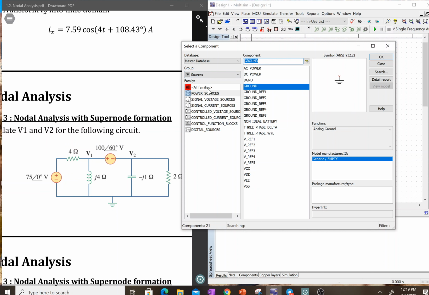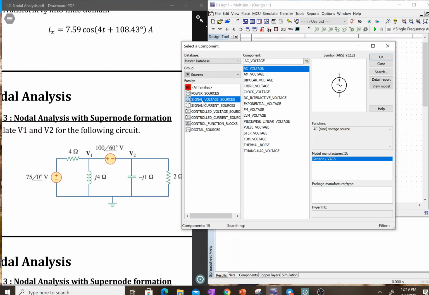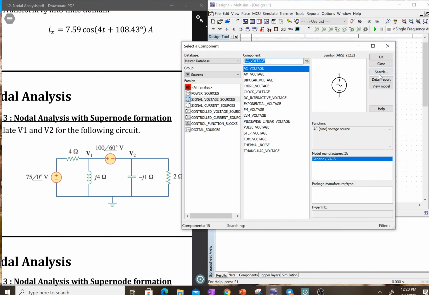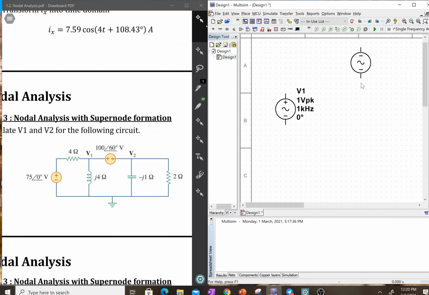Okay, and then under this you can choose the power signal voltage source. Okay, and then select AC voltage component. Okay, and then we place it here, and then we also need another voltage source.